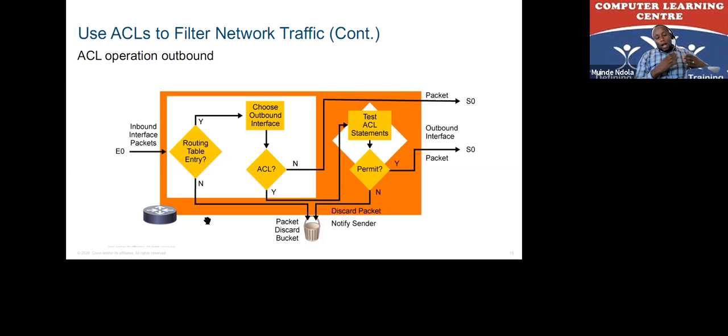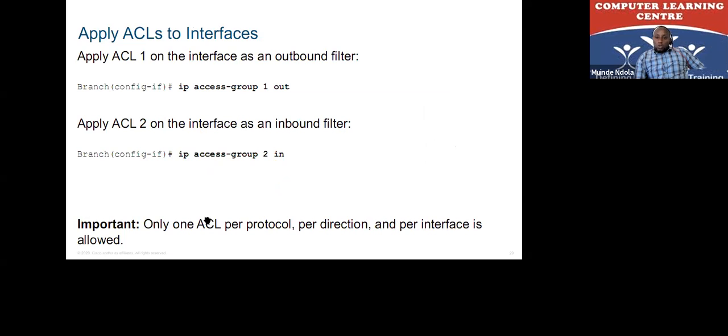Then when the traffic is going out of the interface, it checks: is there an ACL or not? If there's an access list, the traffic is filtered based on the ACL statements. If there's no access list, it will just be permitted without any filters.